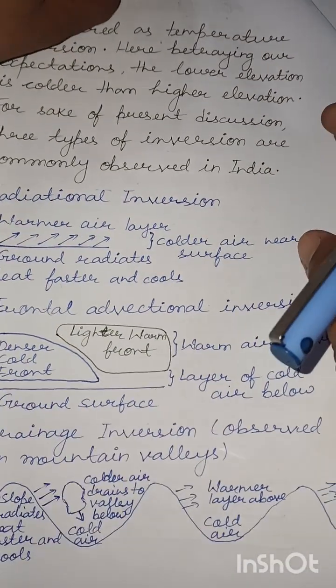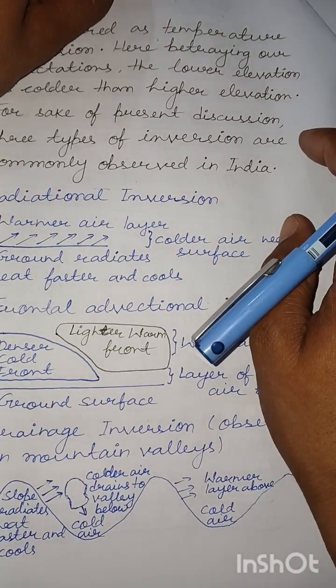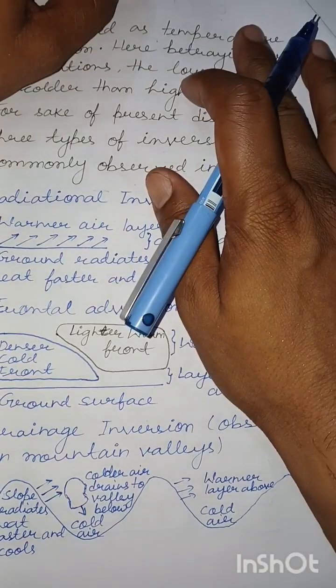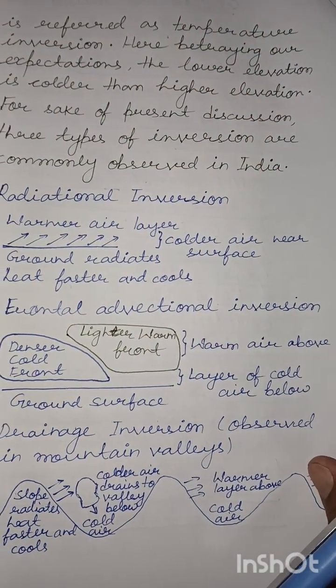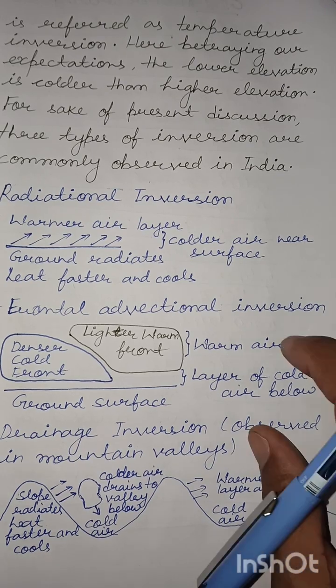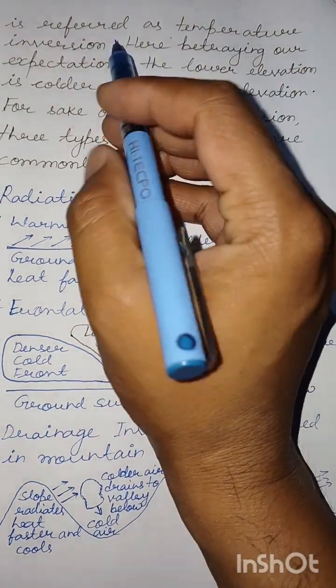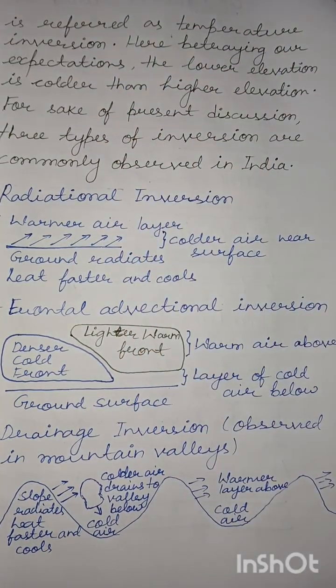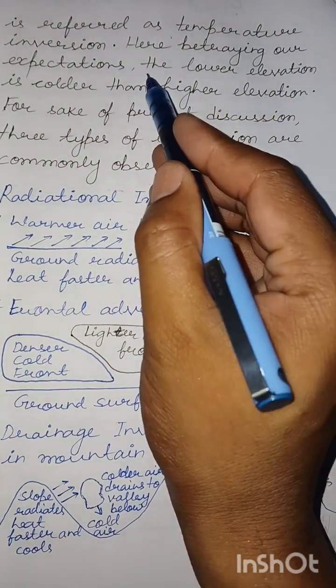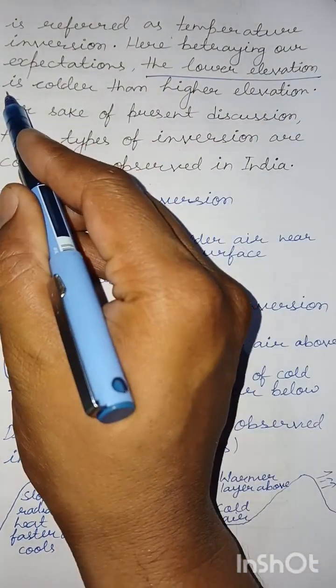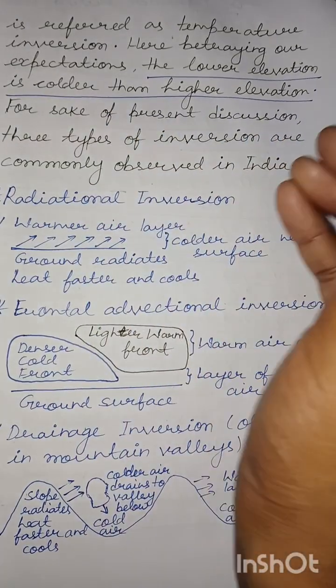It is a reversal of the normal behavior of air, where air generally cools with elevation. Here it is quite the reverse, where the air near the surface is cooler than that above it. Betraying our expectations, the lower elevation is cooler than the higher elevation.